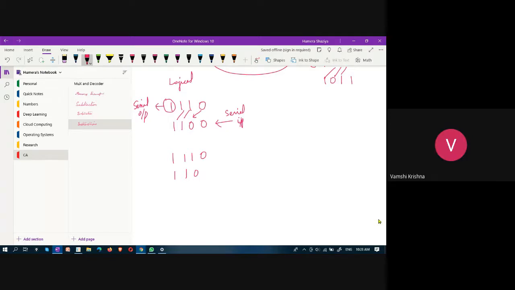So what is the output now? It's 1101. So this serial output has entered again as serial input. This is circular.